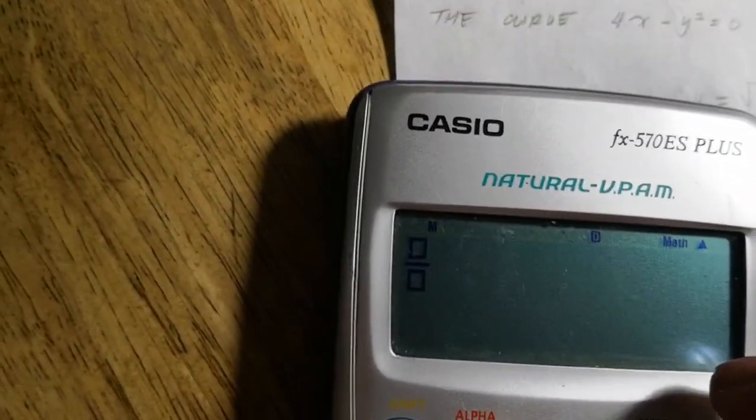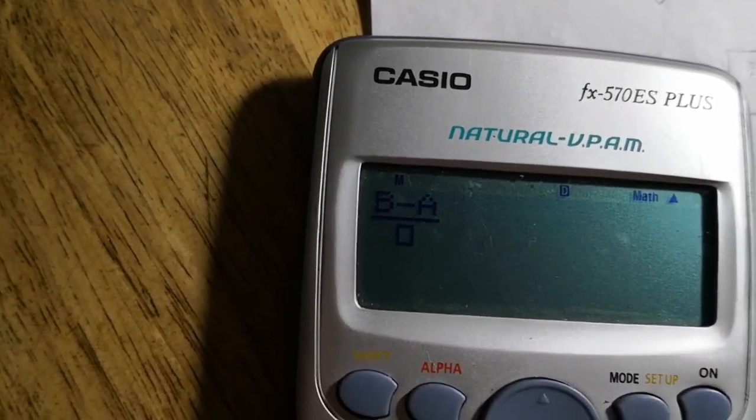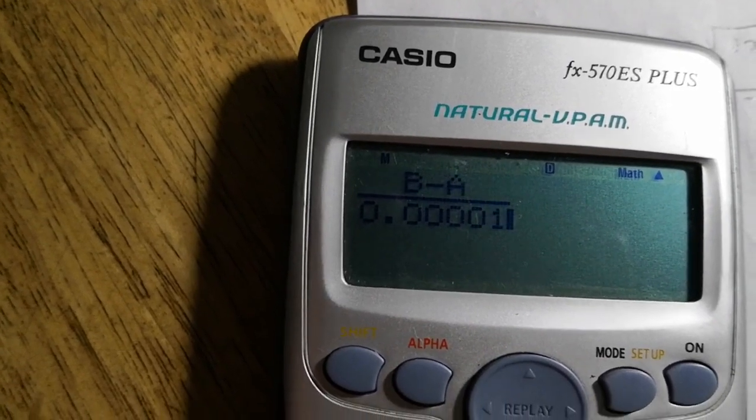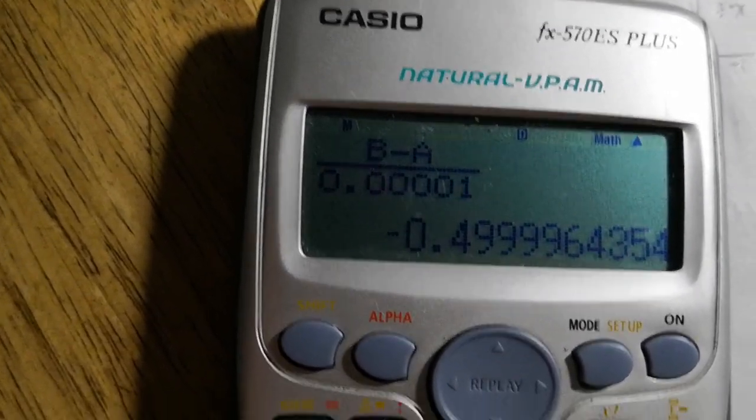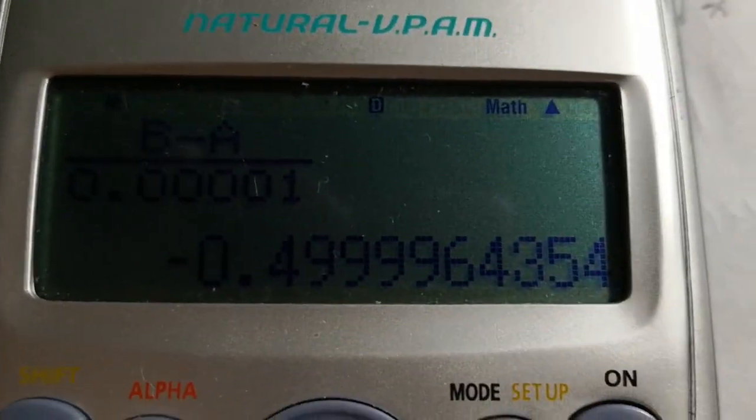Then we do B minus A, all over 0.00001. We will approximately get the value of our second derivative at that point. So that would be y double prime equal to negative 1/2, or negative 0.5.